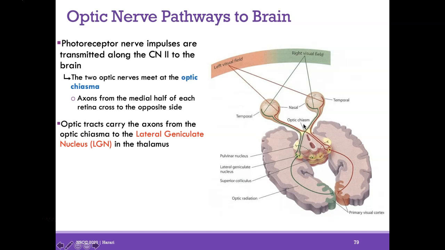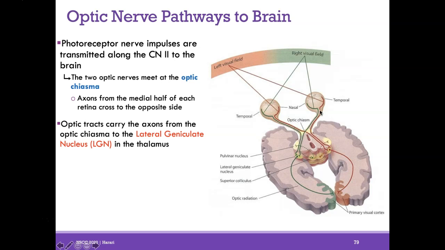And of course, we know we have to make a pit stop along the way in the thalamus. We have to stop at the thalamus, and the thalamus will then relay the message to the primary visual cortex in the occipital lobe. So the photoreceptor nerve impulses are transmitted along cranial nerve 2, the optic nerve, to the brain.